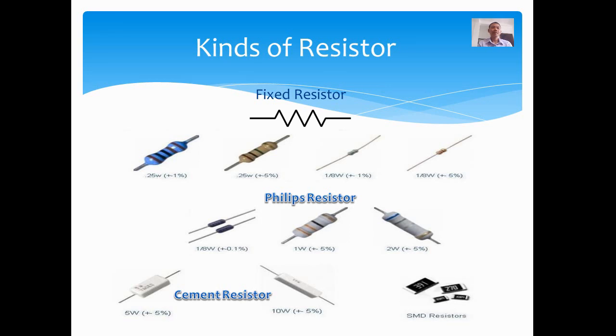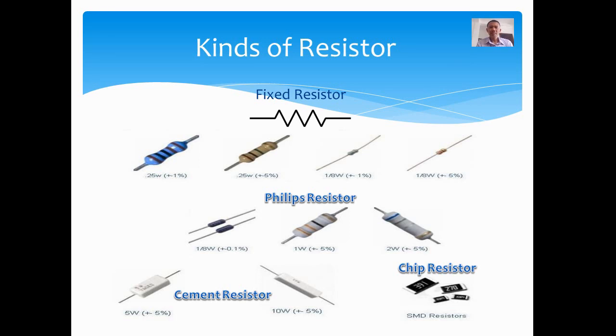The last one on the list is the SMD resistor, or surface mounted resistor, also called a chip resistor. These chip resistors are the smallest resistors because they have no terminal.